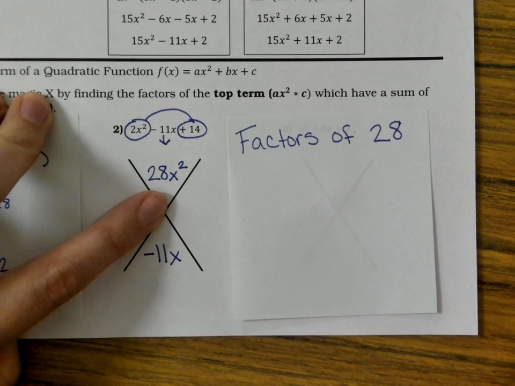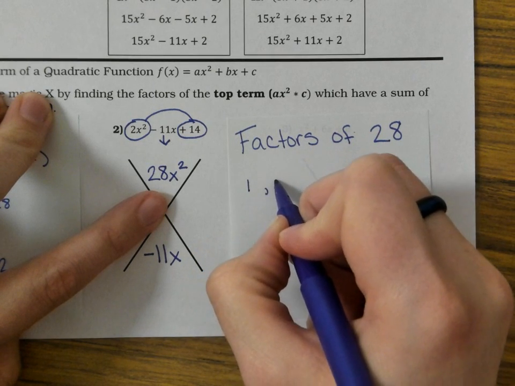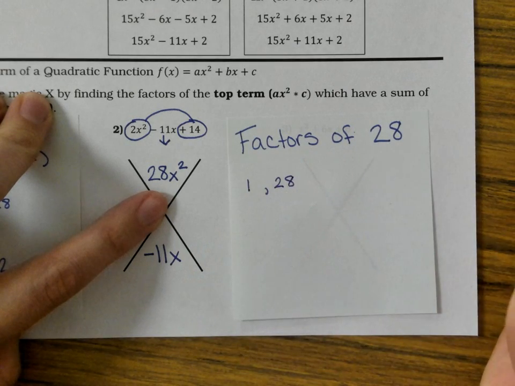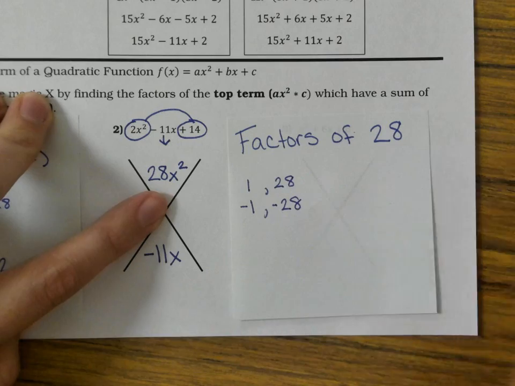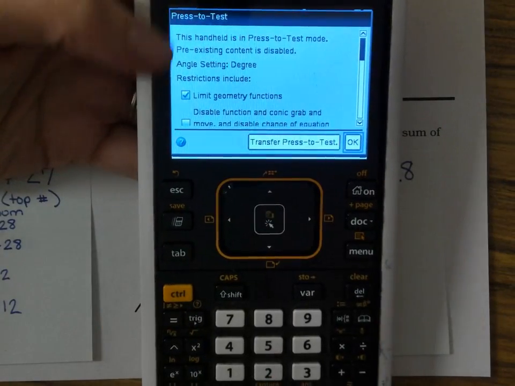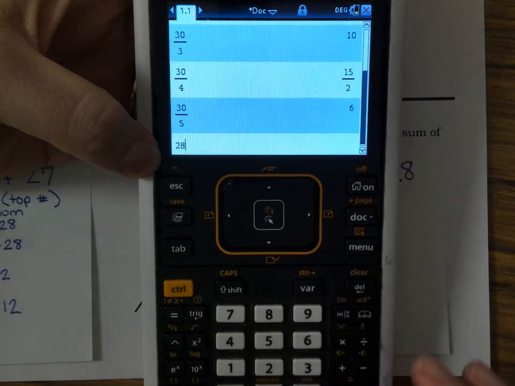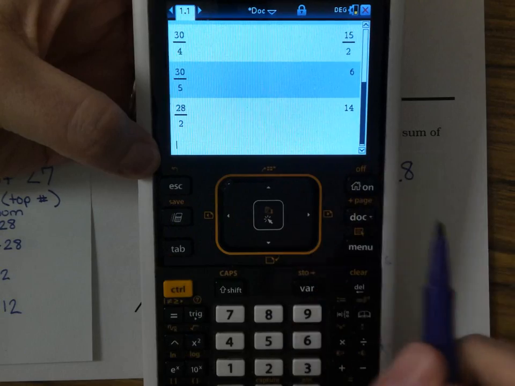Okay, factors of 28. So my factors are 1 and 28, or -1, -28. And again, if I'm not sure what my next factor is, then I type in 28 and I divide it by 2 and I get 14.